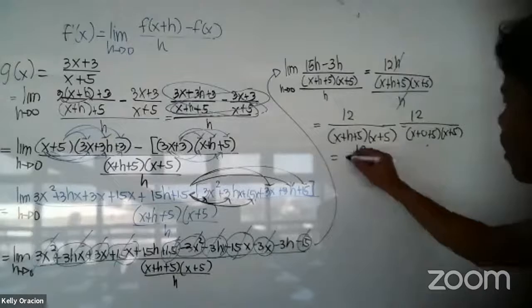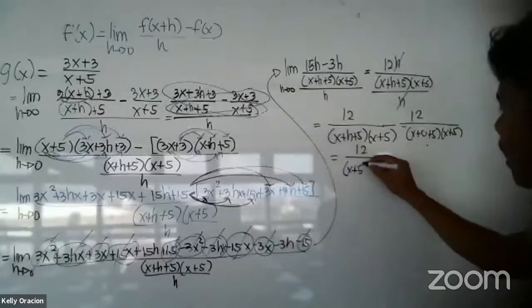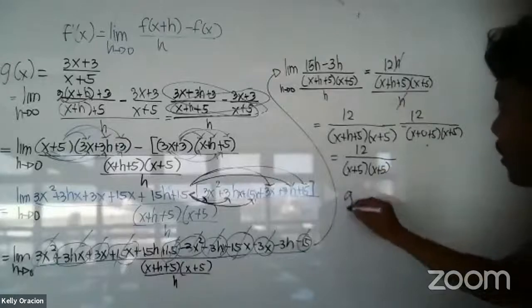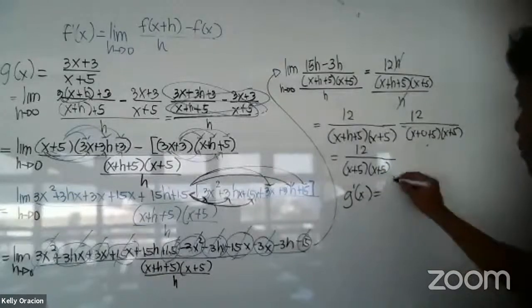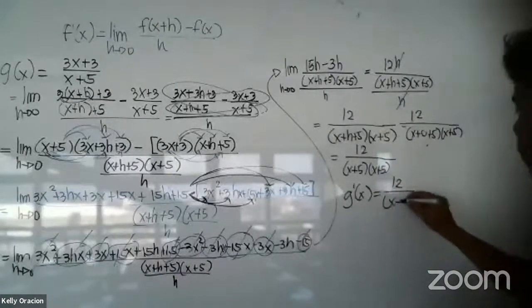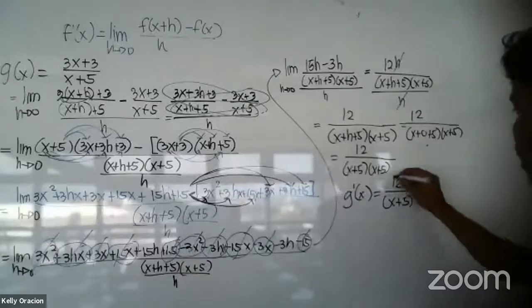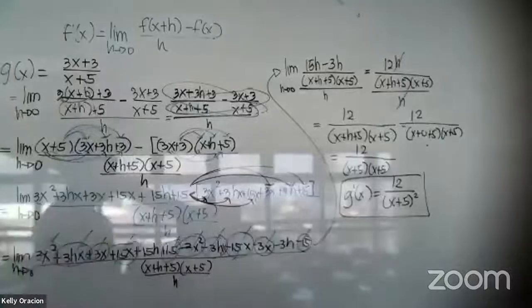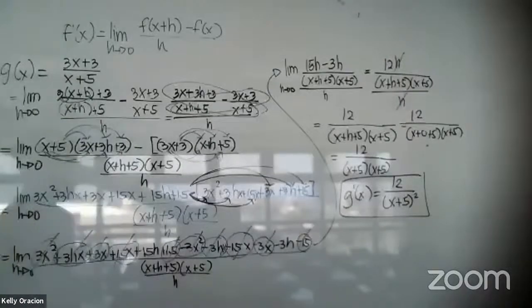So you have 12 over x plus 5 times x plus 5. Final answer, g prime x, 12 over x plus 5 squared. And this is now your final answer. So copy mo na. Copy.